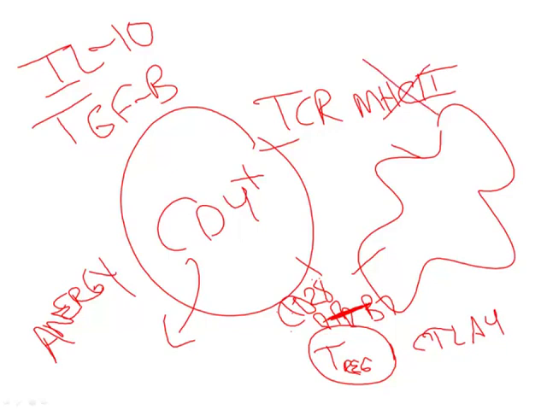So if you limit the expression of MHC class II, obviously you don't have much for the T cell receptor to bind. And similarly, IL-10 also limits the production of co-stimulatory molecules. So you would limit the production of B7, for example, and that would also decrease the ability to activate these self-reactive T cells. And then, of course, the second cytokine is TGF-beta, and TGF-beta also inhibits activation of macrophages.